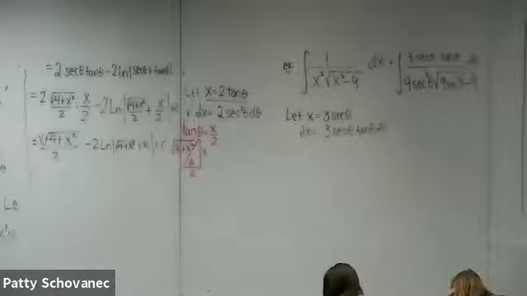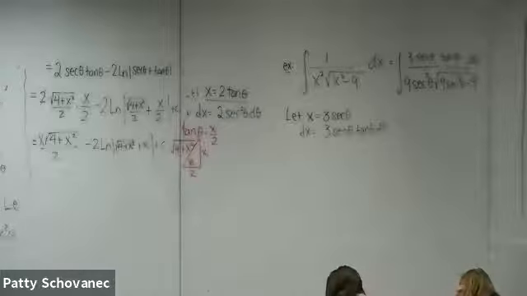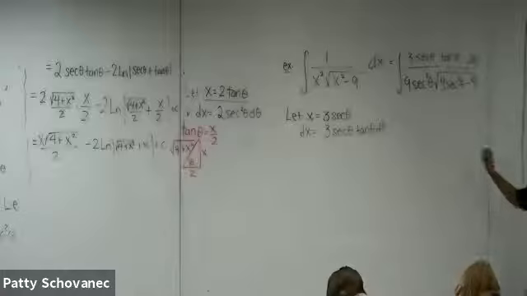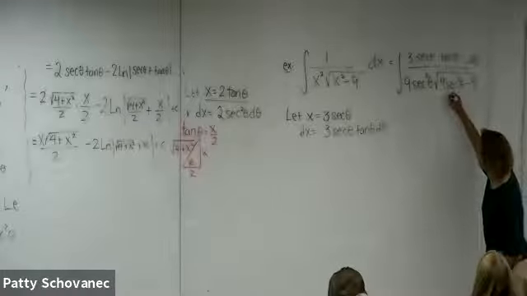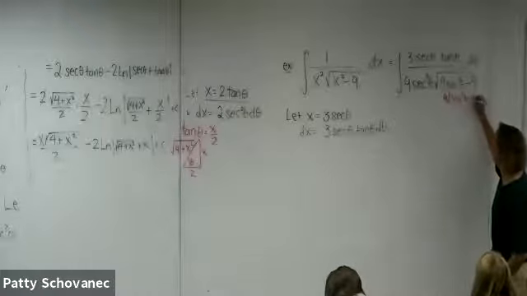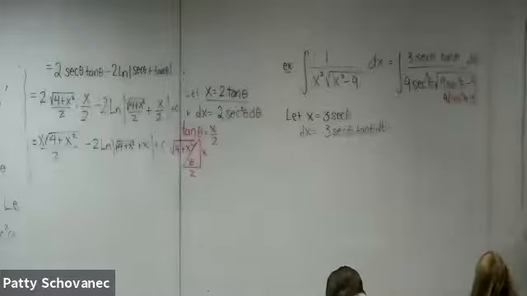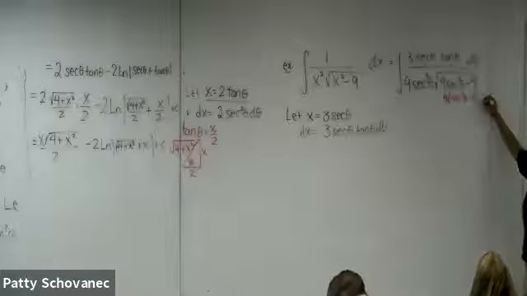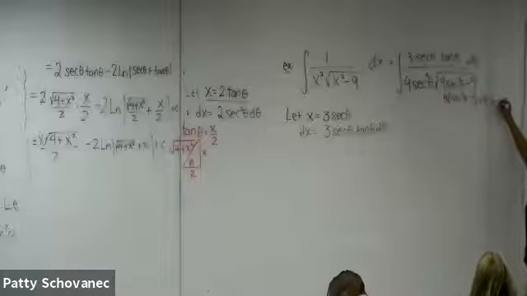Now I have limited boardroom, so I'm not going to do all the steps in their glory. I'm just going to scribble them right here. Here I would factor out the 9, leaving me with a secant squared theta minus 1. Then secant squared theta minus 1 is tangent squared. So that stuff under the radical becomes 9 times the tangent squared of theta.